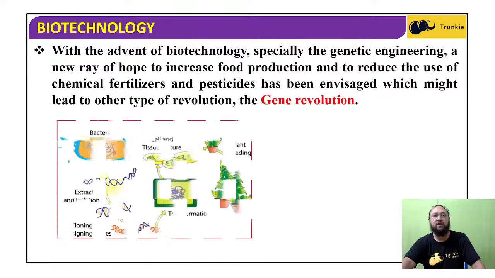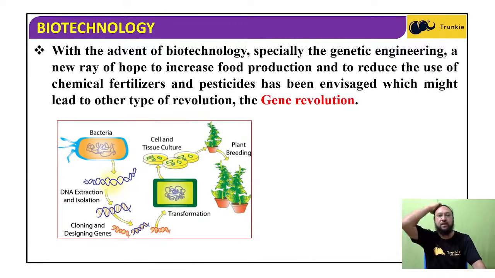In this way, with the advent of biotechnology, especially genetic engineering, a new ray of hope to increase food crop production and to reduce the use of chemical fertilizers and pesticides has been envisaged, which might lead to another type of revolution called the gene revolution.